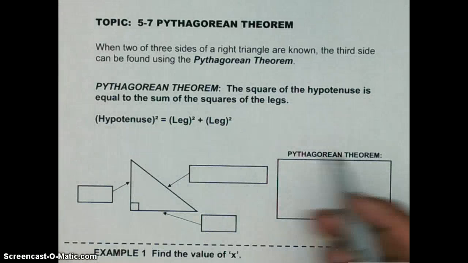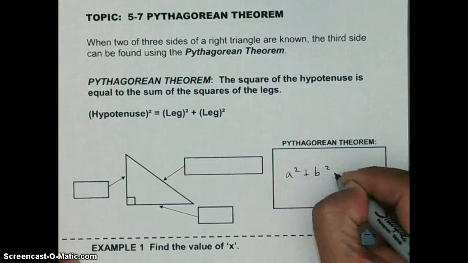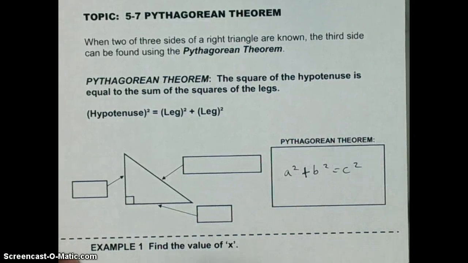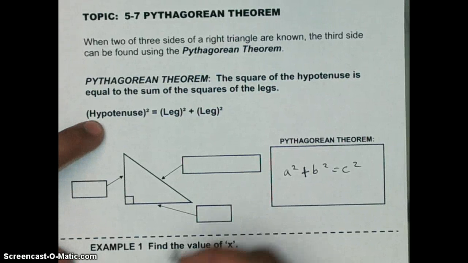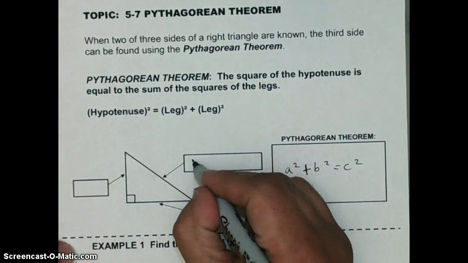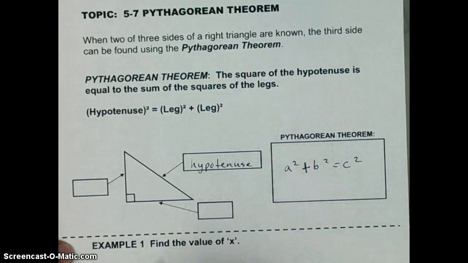You might be familiar with it going like this: A squared plus B squared equals C squared. Where the hypotenuse, that's always the longest side, is the side across from the 90 degree angle.